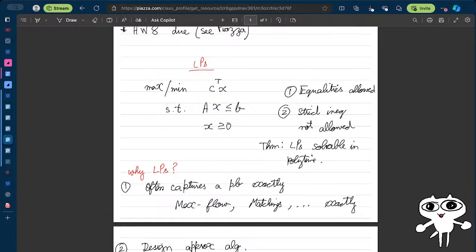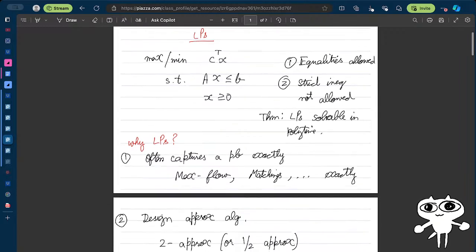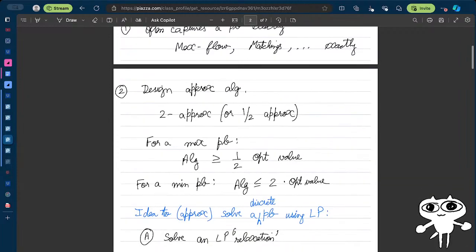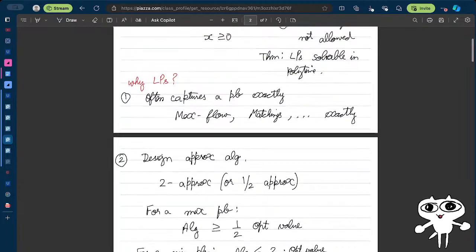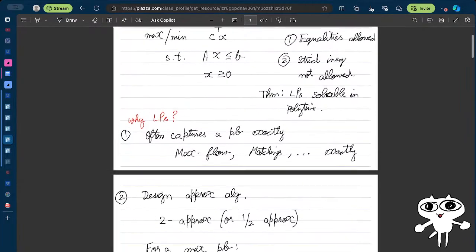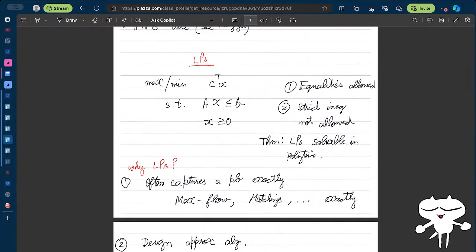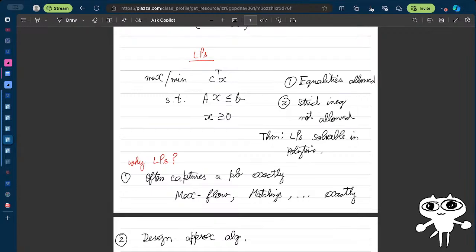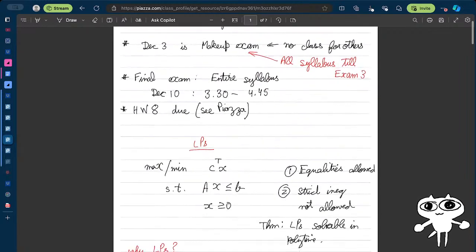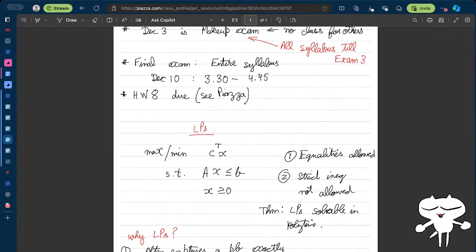Randomized LP rounding is just, okay. While LPs often capture a problem exactly, equality is allowed, strict inequalities are not allowed. LP solvable in polynomial time. Randomized LP rounding.